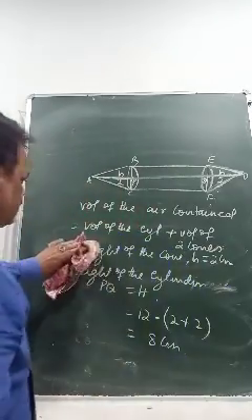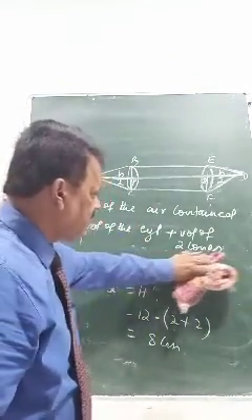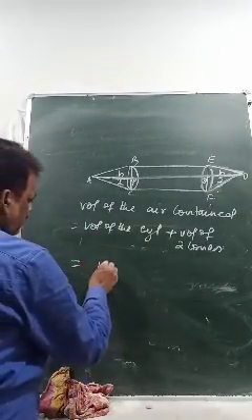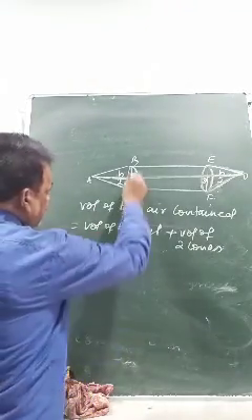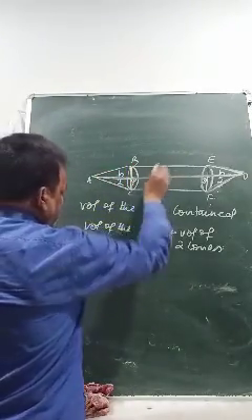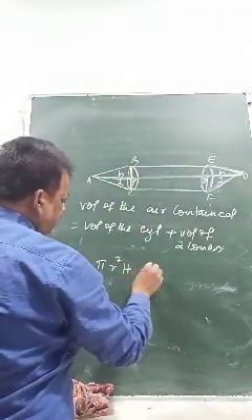So what is the formula for volume of the cylinder? Volume of the cylinder is pi R square H, because R is the same for both. This is also R for the cone, R for the cylinder, but H is different.